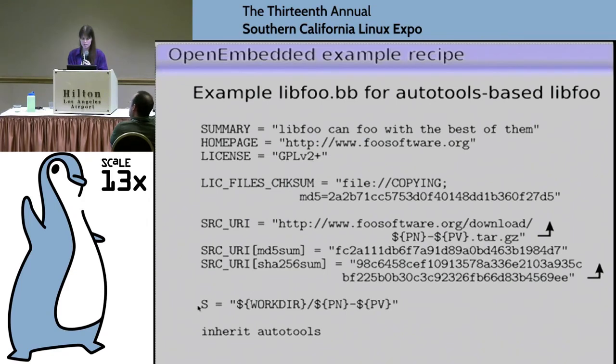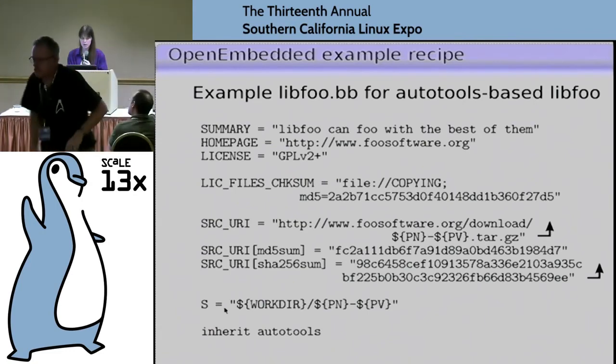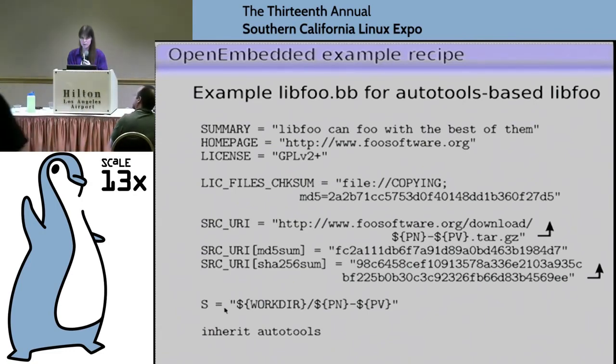Here we have this little S where it's defined as various built-in variables that you kind of have to learn if you're going to start writing recipes of your own. This WORKDIR stands for wherever bitbake decided to unpack your package, which depends on how generic it is where it ends up.